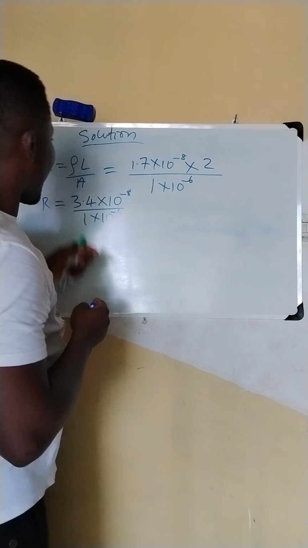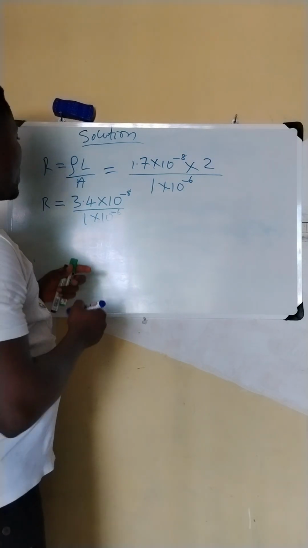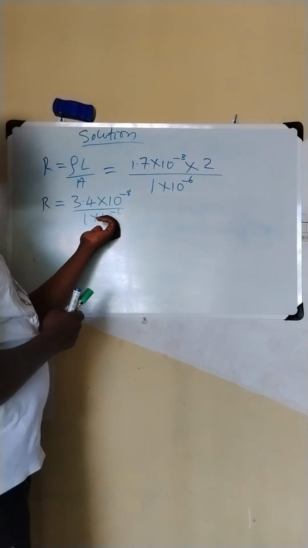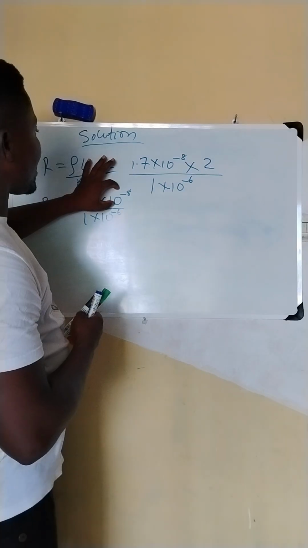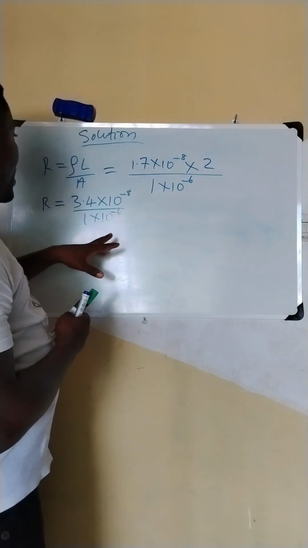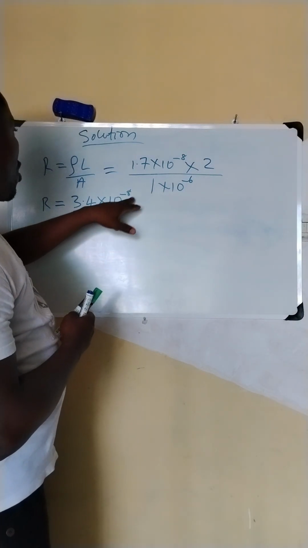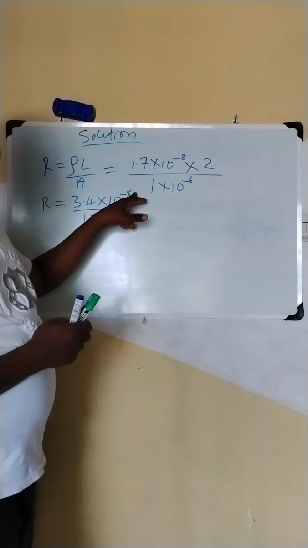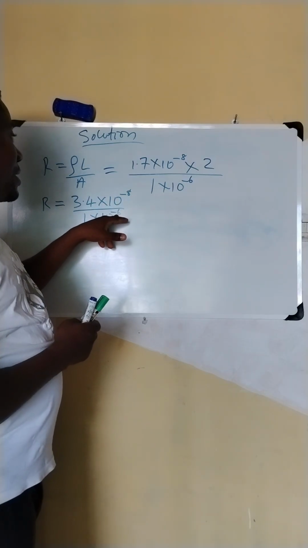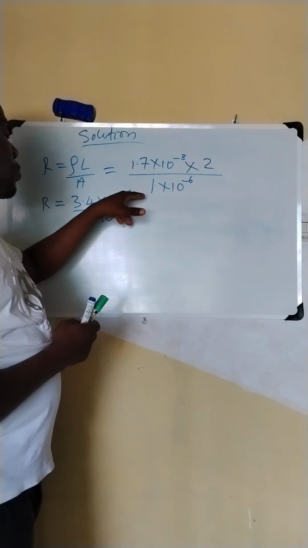All right. Now look at this. What should you do again? You see that you have 10 here as the base, and you also have 10 here as the base. From indices, know that when this 6 now comes up here, it becomes positive, because here it's negative. So you write it here as positive.